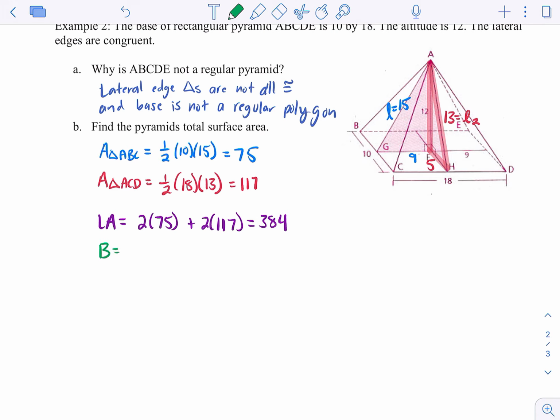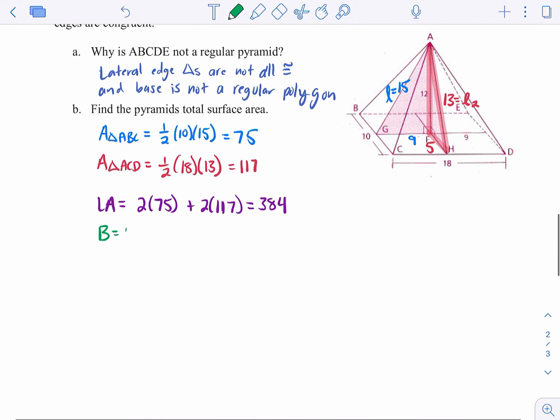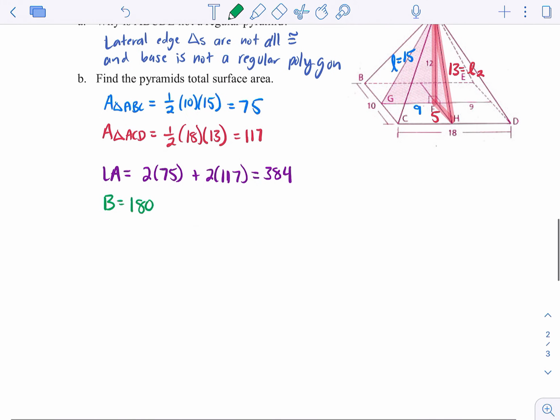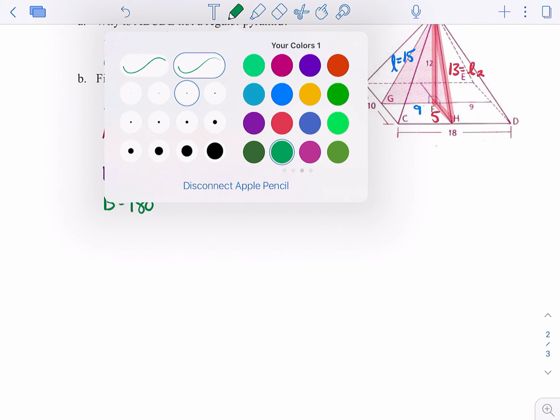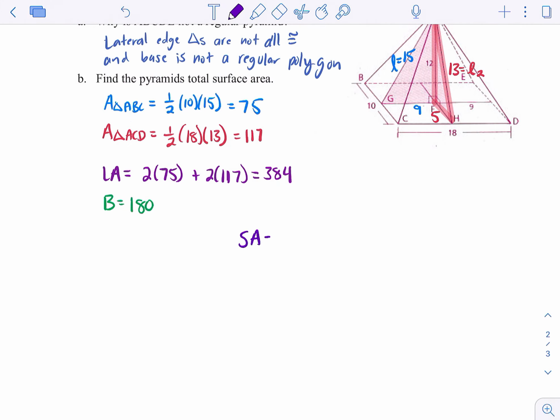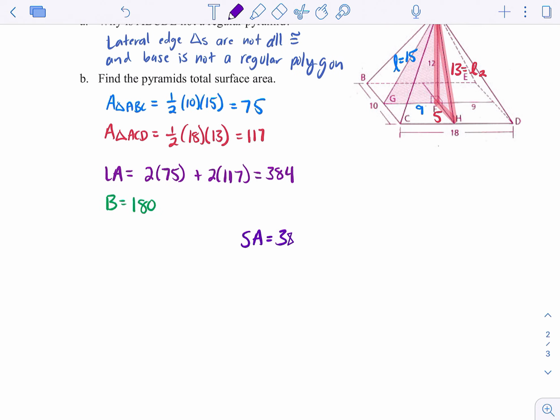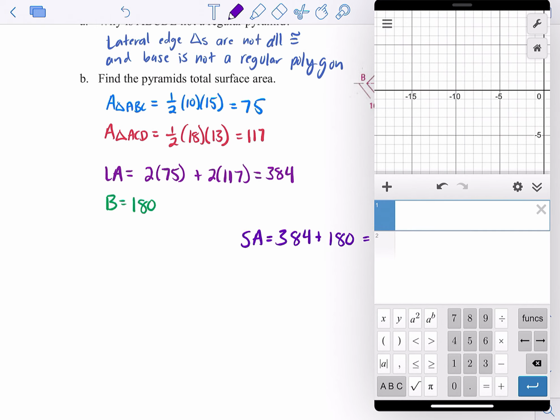We go back to the area depends on what shape it is, and this is a rectangle. The area of a rectangle is length times width, which is 10 times 18, which makes it 180. And so now, for our total surface area, we'll take our lateral area of 384 and add the base area of 180, and that gives us 564.